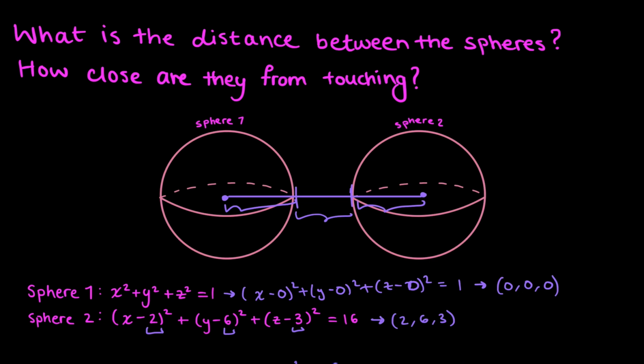In sphere 1, the distance from its center to its outer edge corresponds to its radius, which I will call r1. And in sphere 2, similarly, the distance from its center to its outermost edge is its radius, which I will call r2.